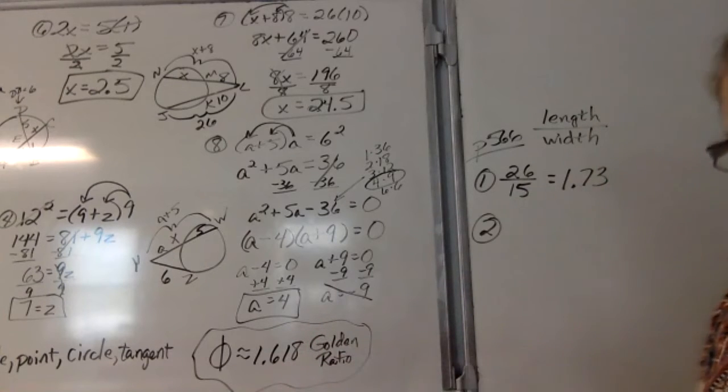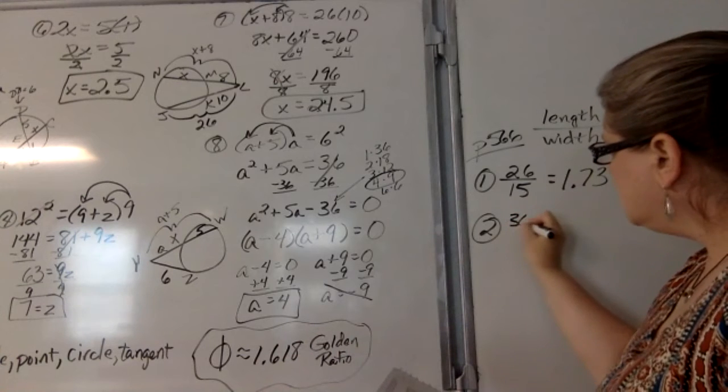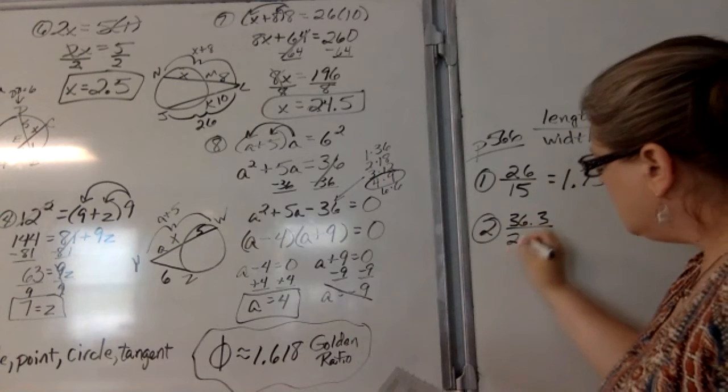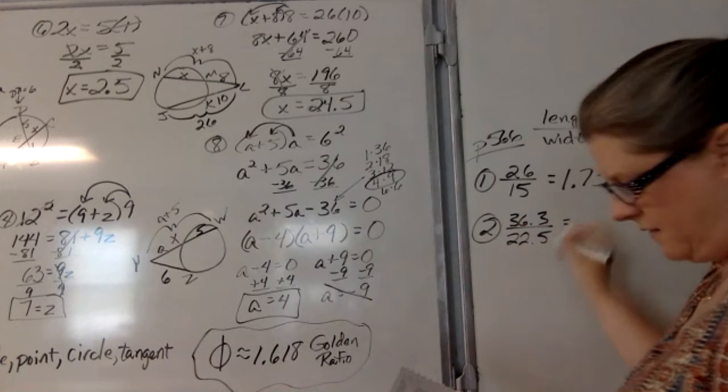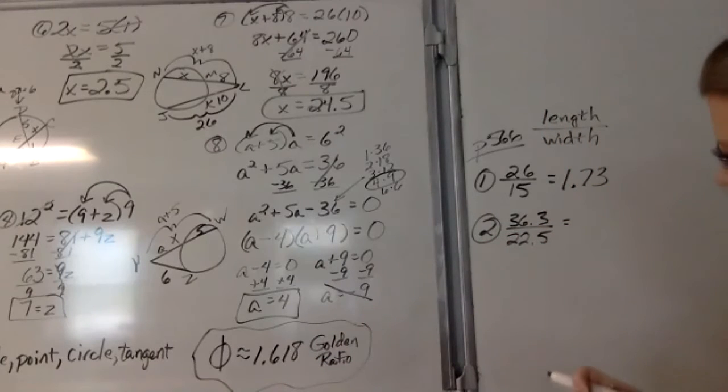So we do number 2. Number 2, its length is 36.3. Its width is 22.5. So let's do that one. 36.3 divided by 22.5.